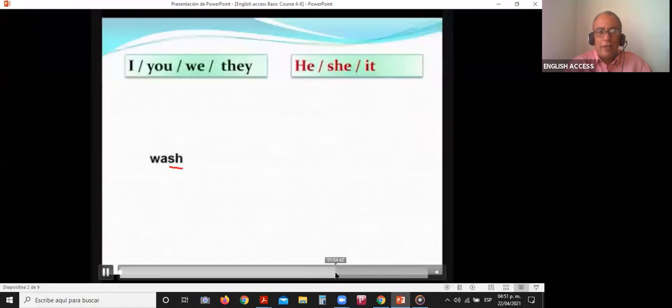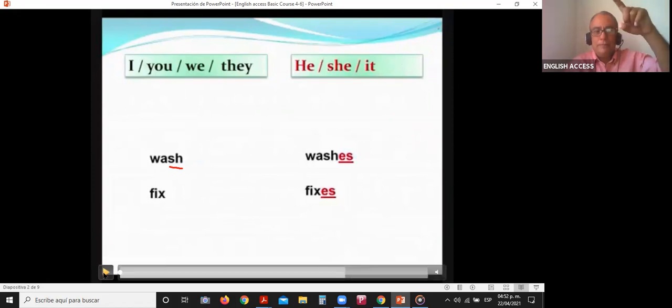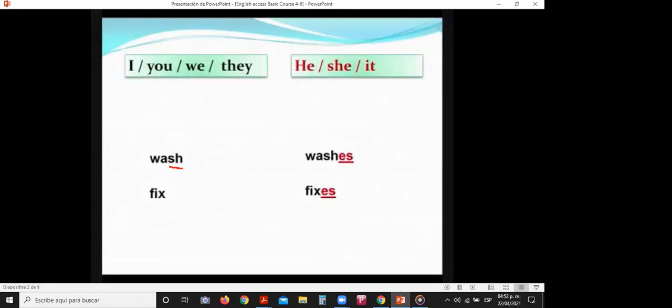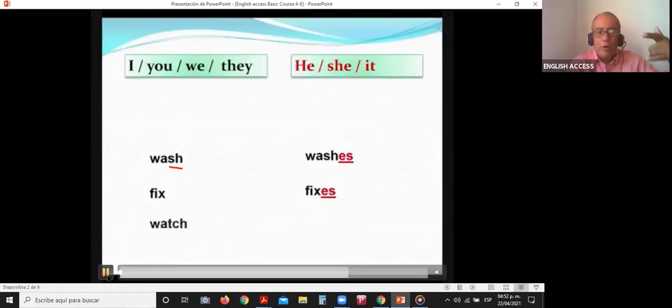Okay. Wash, washes. Fix, fixes. Okay, please, you repeat using these pronouns with the verb. 1, 2, 3. He fixes. She fixes. It fixes. Very good.